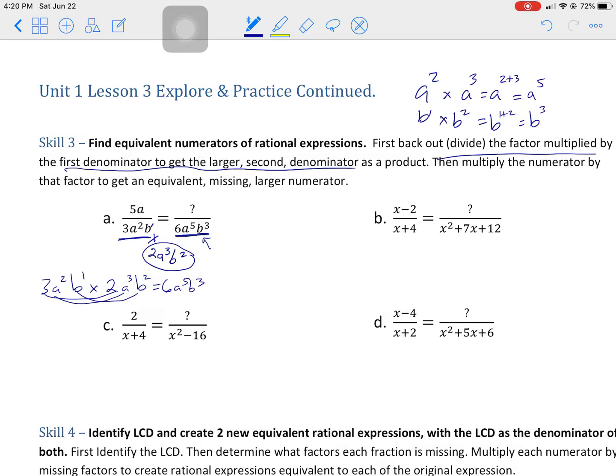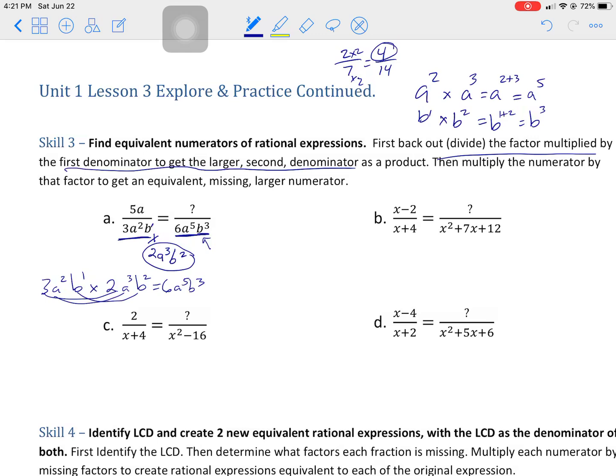Okay? So that means if these are equivalent rational expressions, the same as rational fractions, let's say if you had 2 over 7 equals what over 14? Well, 7 times 2 equals 14, so 2 times 2 equals 4. The 4 is what you're getting.